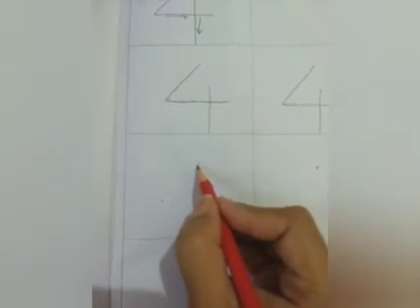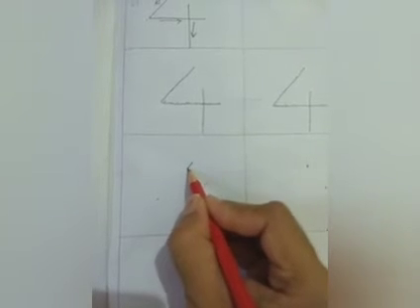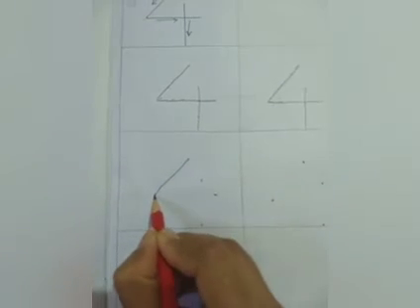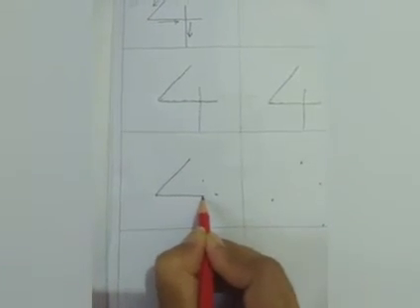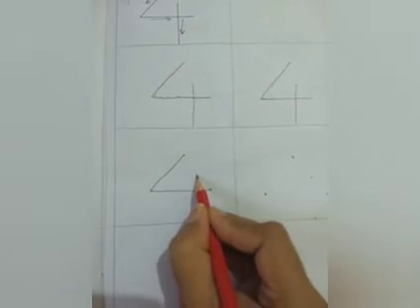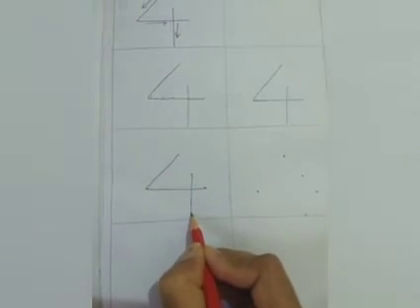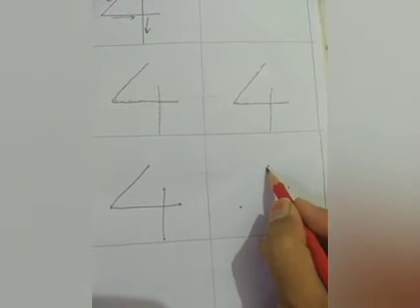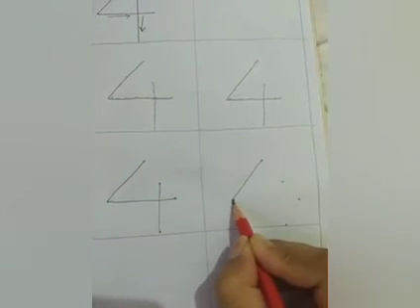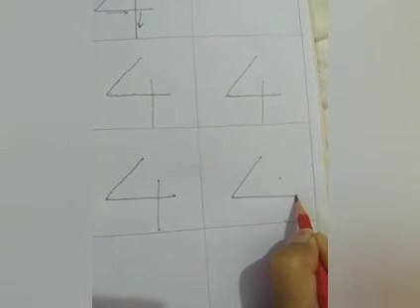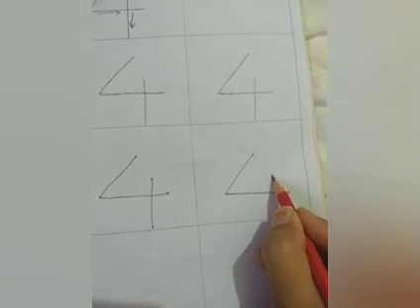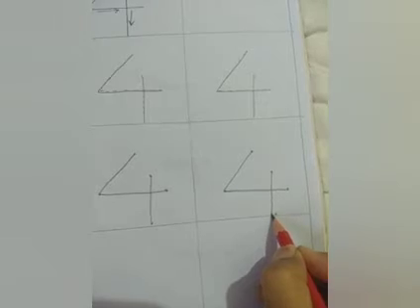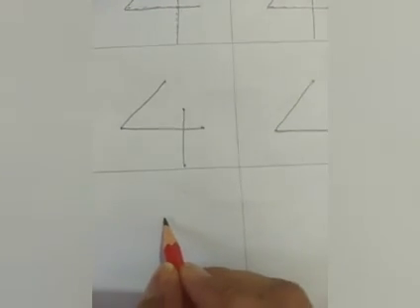Let's do the dots. We join the dots, slant line, then a sleeping line and cut it with a straight line. Again, starting from here, slant line down, join it with a sleeping line and cut it with a straight line down. Now let's write it ourselves.